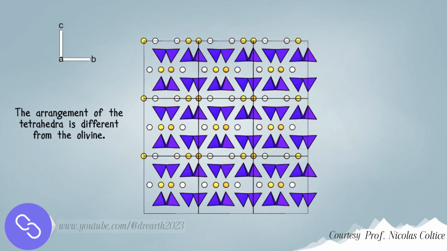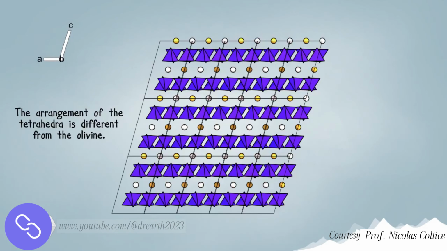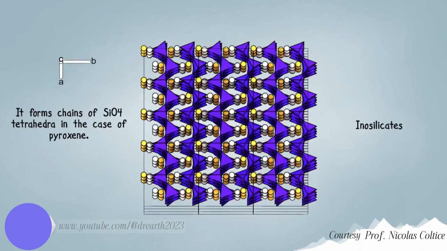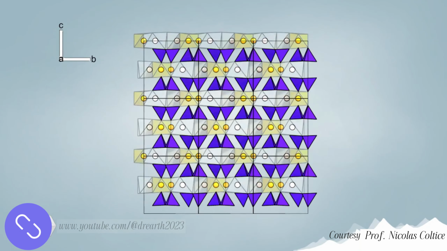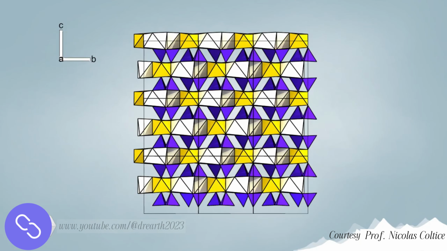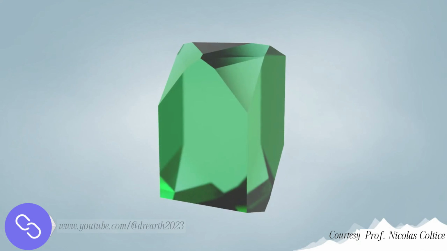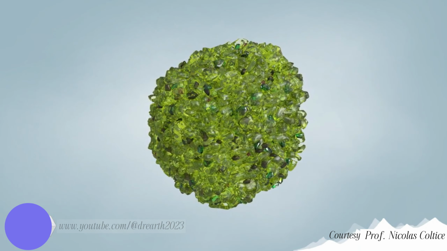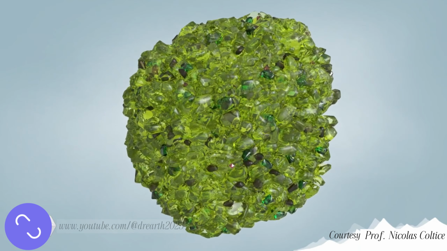This arrangement of the tetrahedra is actually different from olivine. These are just examples of many different types of crystals that are made up of different cells and then ultimately make up minerals, and then the whole organization makes up a rock, as you can see in this beautiful animated 3D model.